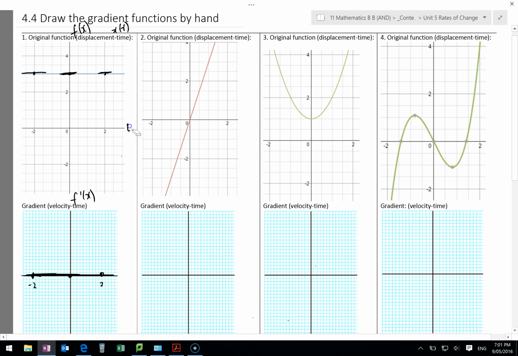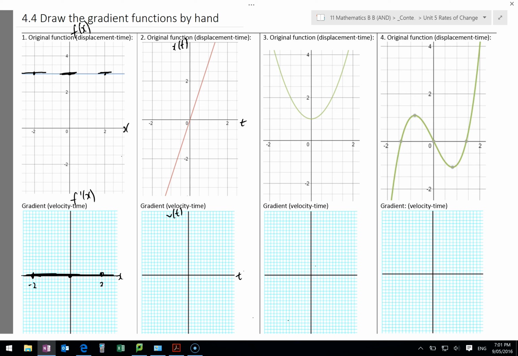Okay, which is how we describe this graph. We'd say that it is completely flat at all points. Okay, so use that one just with the x notation. Over here, I'll use x of t and v of t, just so we get familiar with these different ways of seeing these graphs.